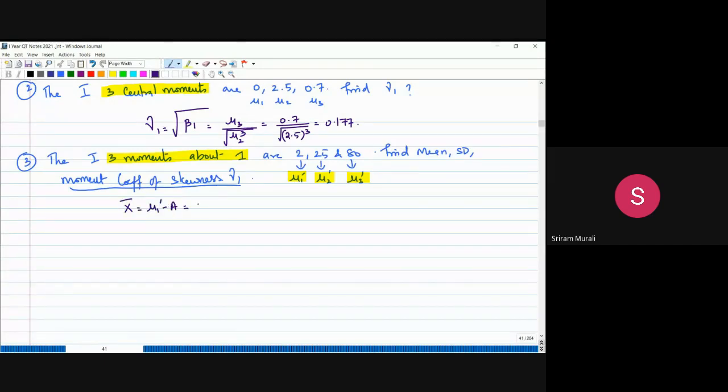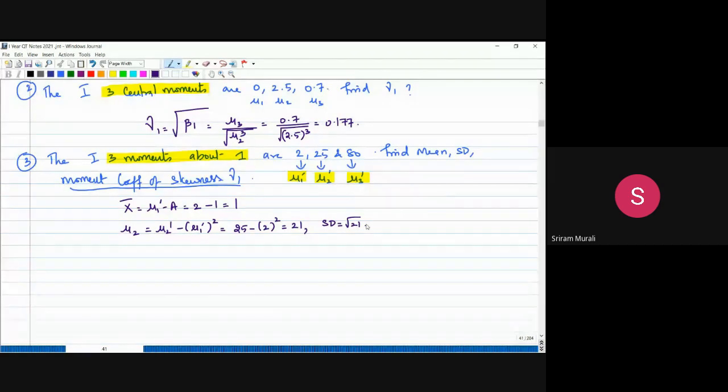I hope you remember. What is mu1 dash? 2. What is a? 1. So the mean is 2 plus 1, which is 3. What is mu2? That is the variance. So mu2 dash minus mu1 dash the whole square, which is 25 minus 2 square, that is equal to 21. So mu2 is the variance. We want to find SD, so this is square root of 21.